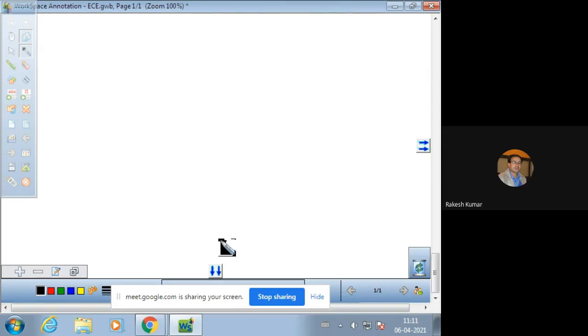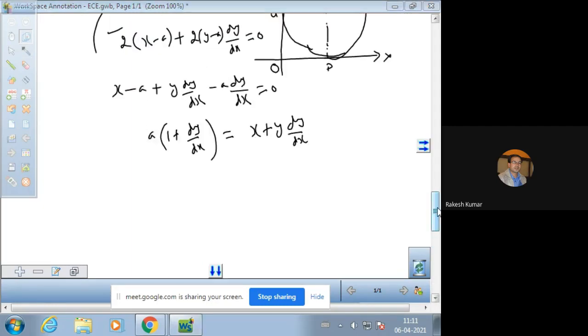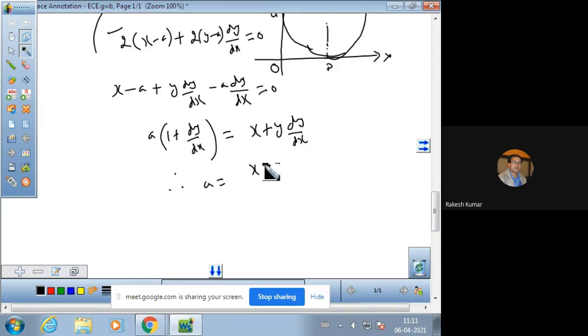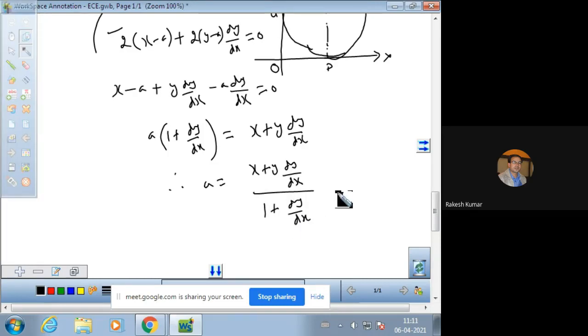So from this you will be able to find out the value of the constant a. Therefore the constant a is (x plus y dy by dx) over (1 plus dy by dx).